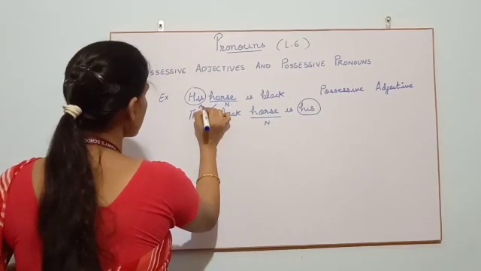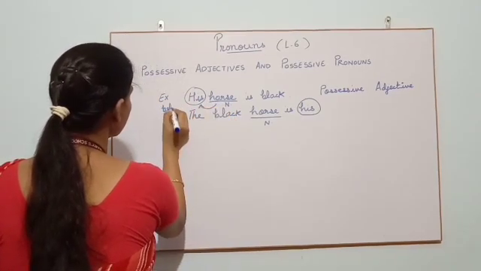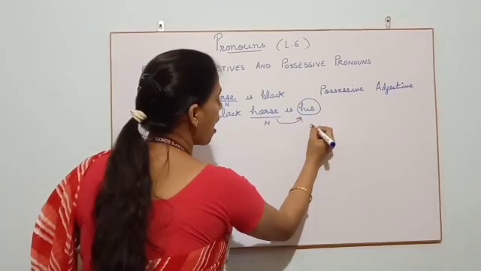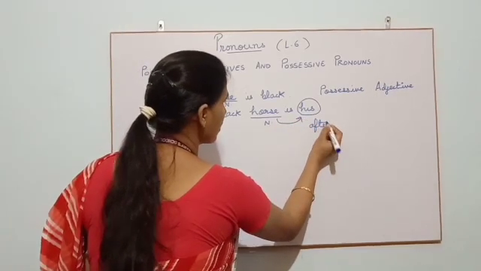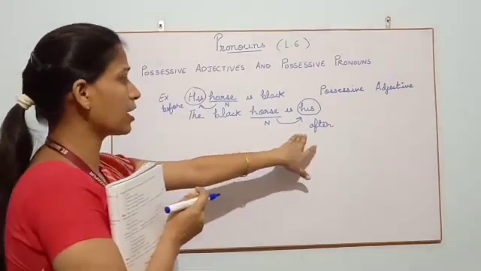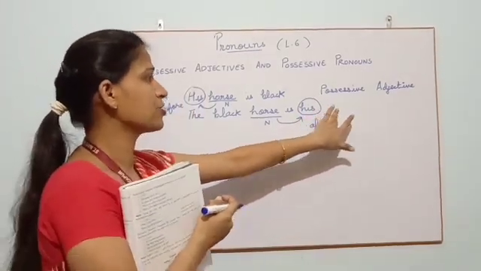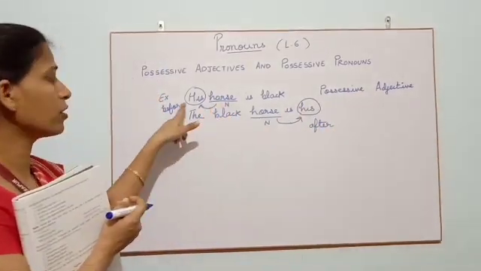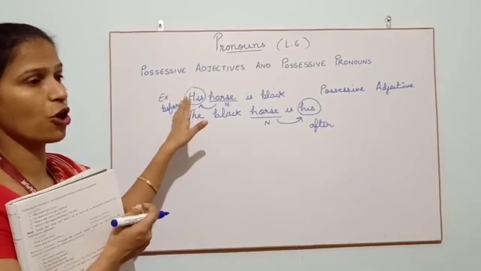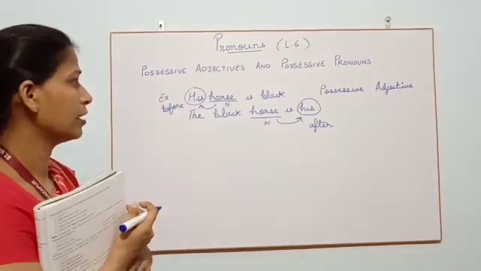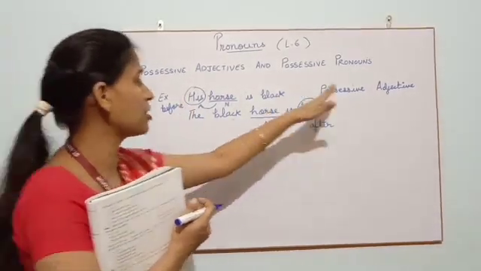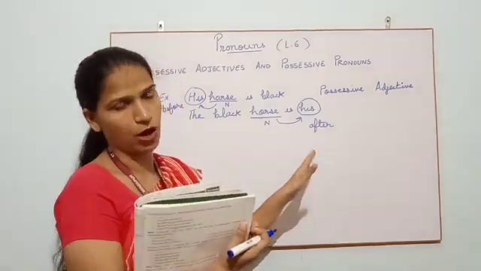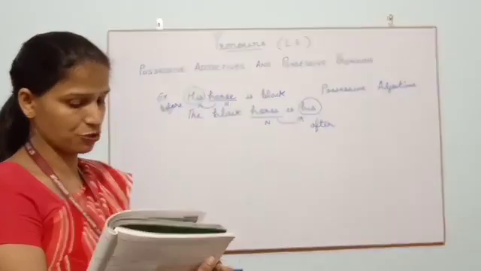This says before. And this is after. When it is after the noun, then it is your possessive pronoun. But when it is before the noun, then this is your possessive adjective, and when it is after the noun, it is your possessive pronoun. I hope this is clear to you.